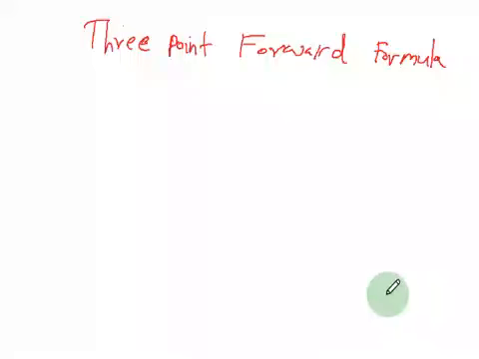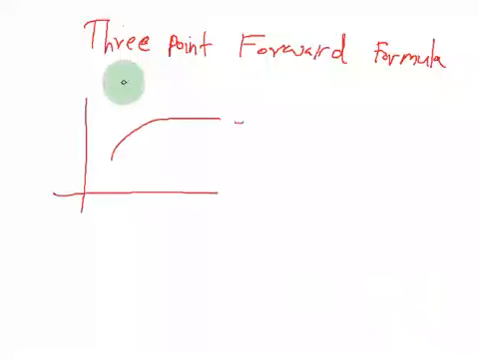Hey guys, in this video we are going to discuss the 3-point forward formula. I think you understood the previous method. So suppose this is your function f, f of x.